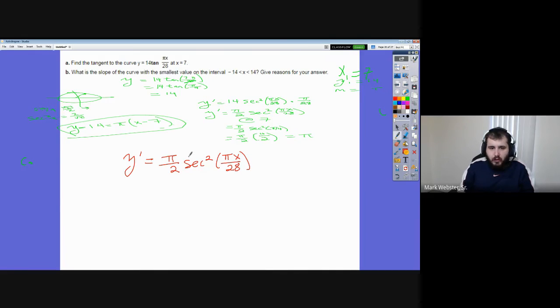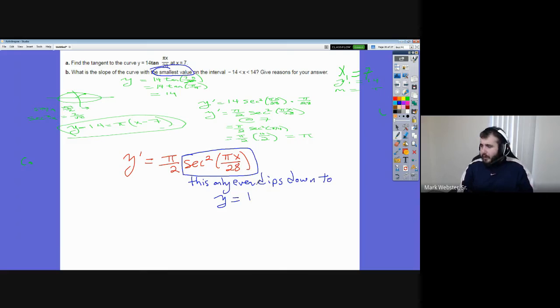this part, because we want smallest, the lowest this ever gets is 1. This only ever gets as far down, like when we were watching the thing doing the little wibble wobble with the weird fingers coming down from the sky, we saw that the bottom of every curve was at 1.